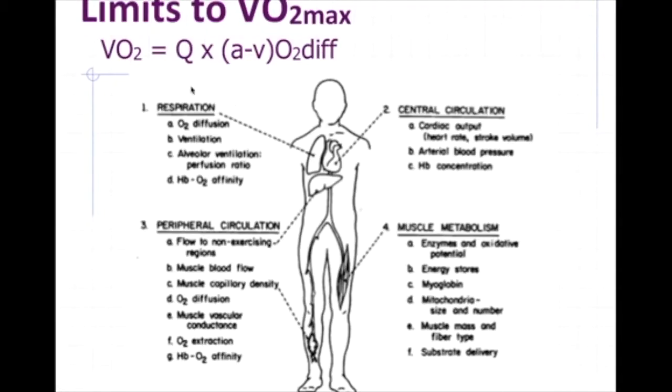Having issues with your respiration, the ability for O2 to diffuse from the alveoli into the lungs, or our ability to ventilate, what our rate is or how much we can increase, how much I can breathe, or how much oxygen is getting into my circulatory system, or how well oxygen is binding to our hemoglobin.